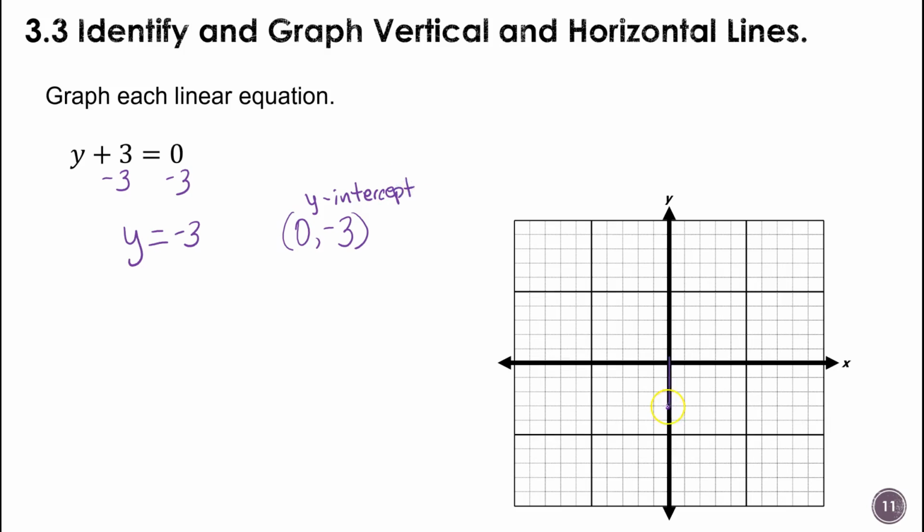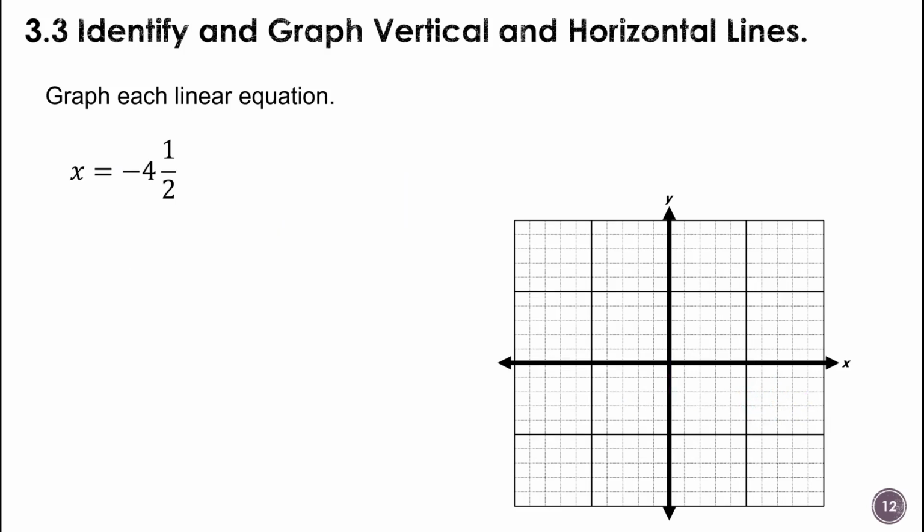So (0, -3) is here. My line is horizontal. Draw your arrows, and there we have the graph of y equals -3.